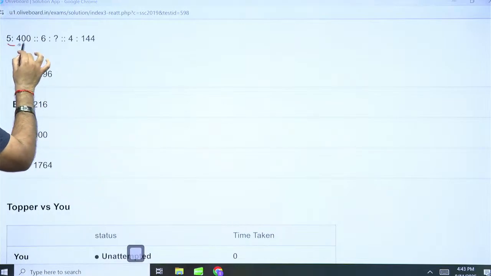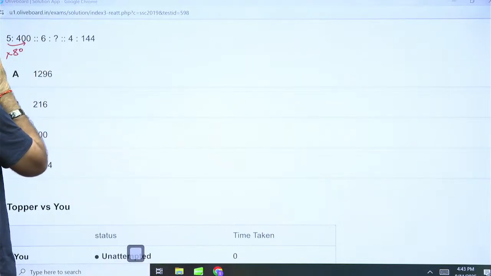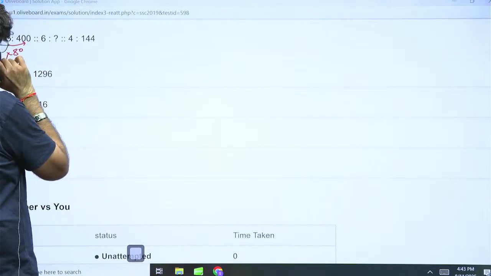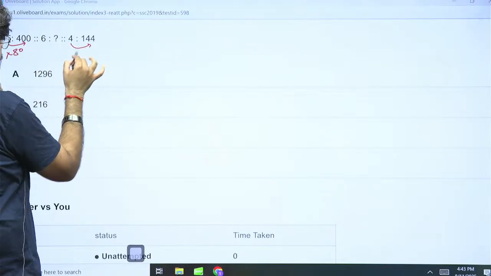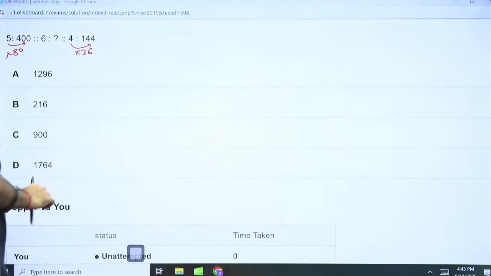So 5 into 80. Four into 36, right? 5 square into 16, 4 square into 3, isn't it?